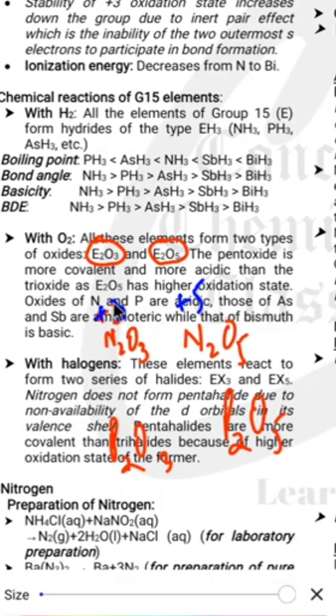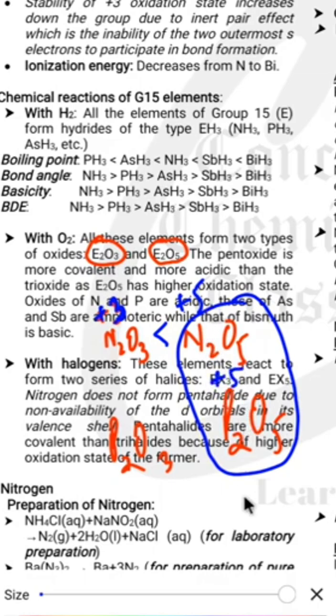So due to higher oxidation state of nitrogen, N2O5 has more acidic as well as more covalent character than N2O3. Okay, now what about if I want to compare the acidic nature of these two pentoxides? In this case also nitrogen has +5 oxidation state, while in P2O5 phosphorus also has +5 oxidation state.